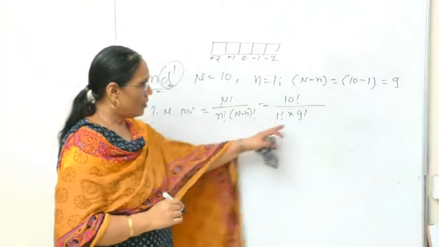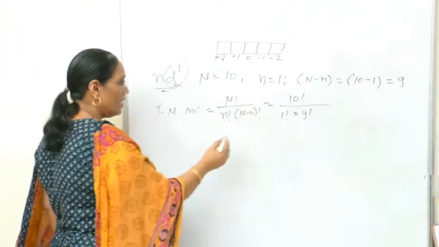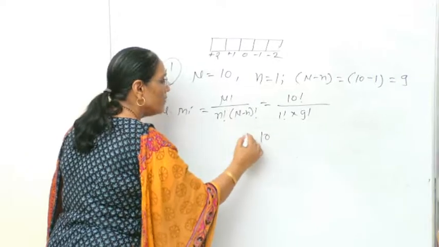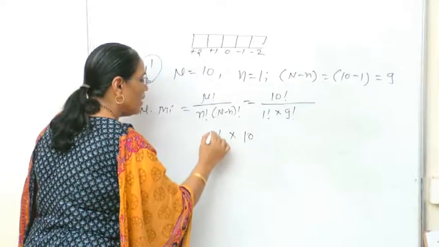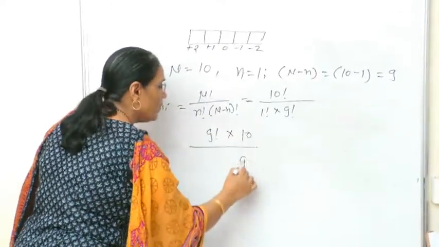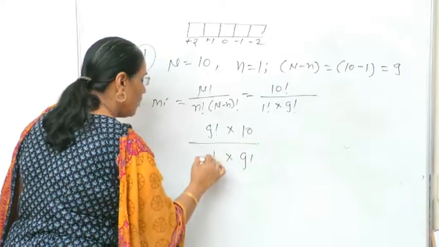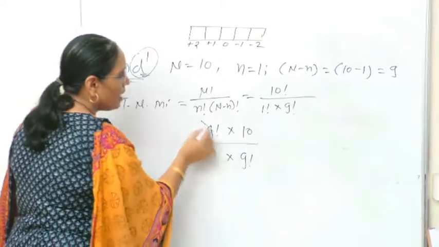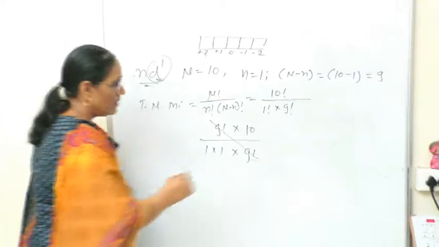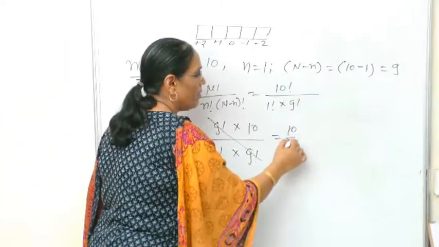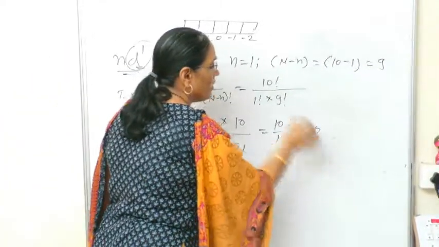Again in the denominator there is 9 factorial, therefore 10 into 9 factorial by 9 factorial into 1 into 1. The 9 factorial will get cancelled. So the answer is 10 by 1, equal to 10.